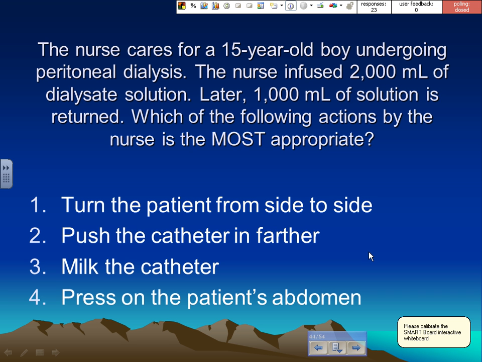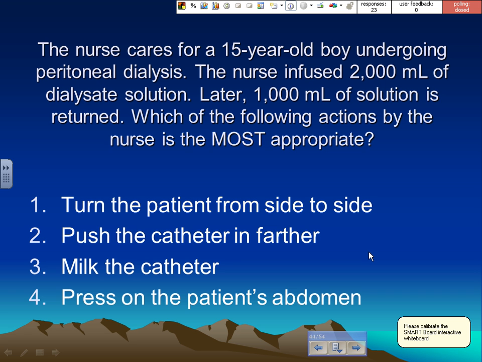So why is turning the patient from side to side the best thing to do first? It's the least invasive, and the fact is that probably if you just flip them over to the other side, the dialysate will slosh over to the side where the catheter is, and the rest of the solution will drain out.